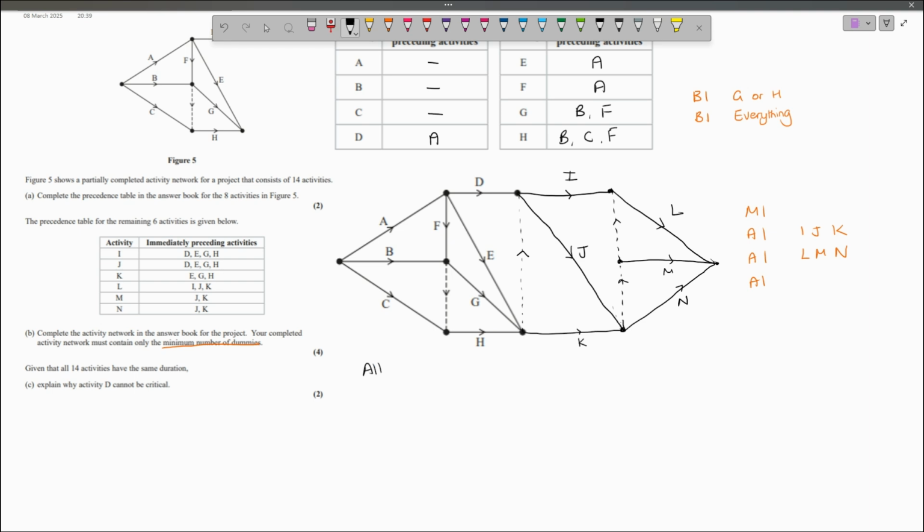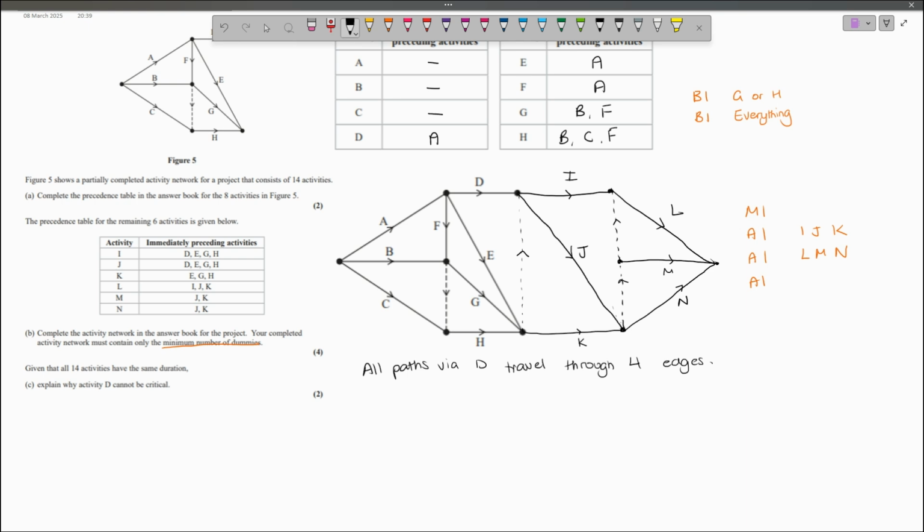So all paths via D travel through 4 edges. So it would have 4 units of time because each activity has the same duration. You've got 4 times that duration to travel via D from the start to the end.